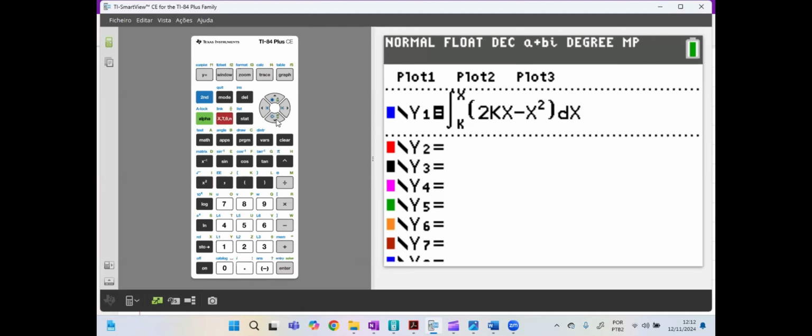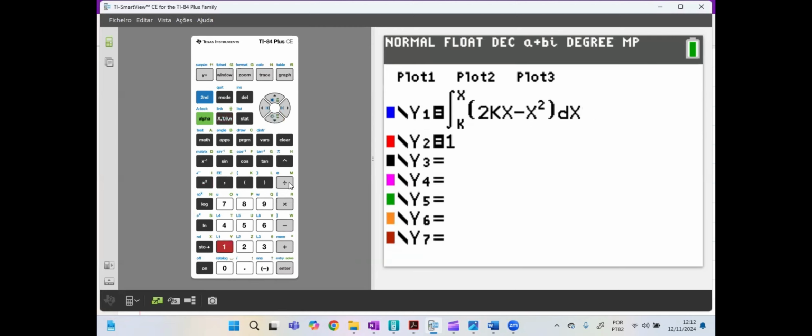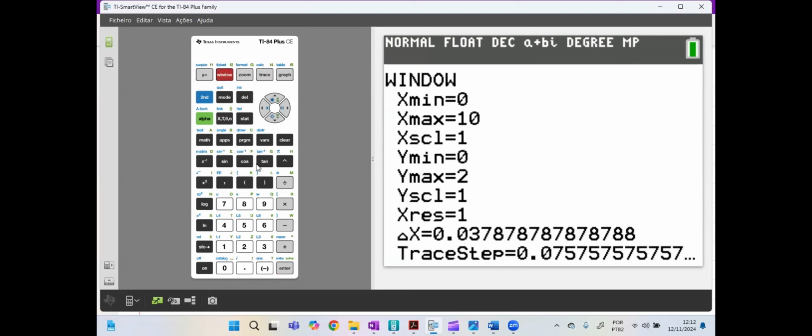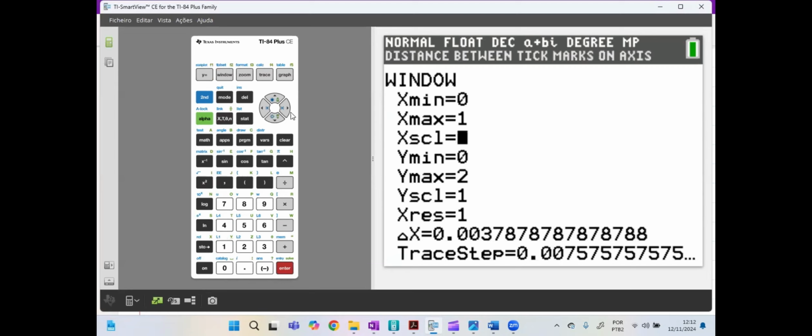And then we want this to be equal to 1/14. This value k is close to 1, so we are going to use a window that goes from 0 to 1 on the x-axis, maybe from 0 to 0.3 more or less on the y-axis. If it's not a good window, then we may change.